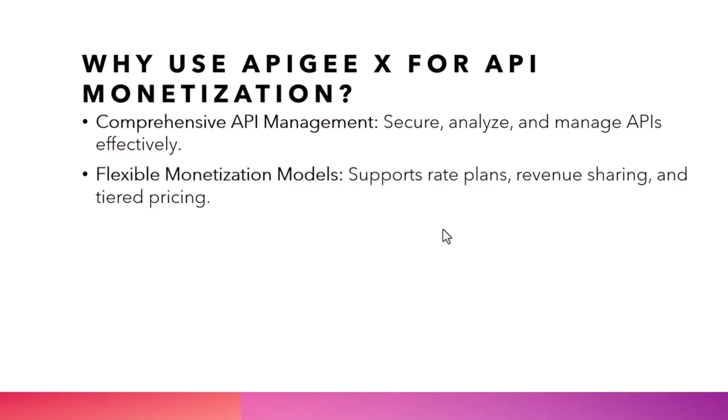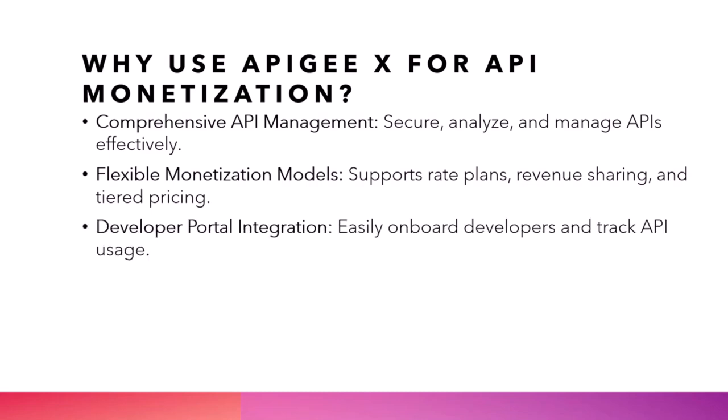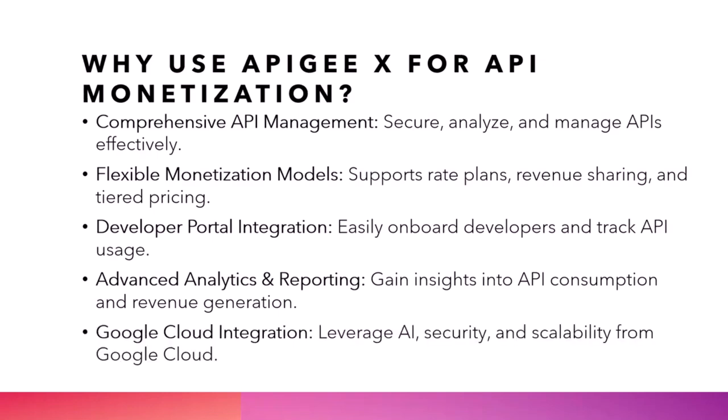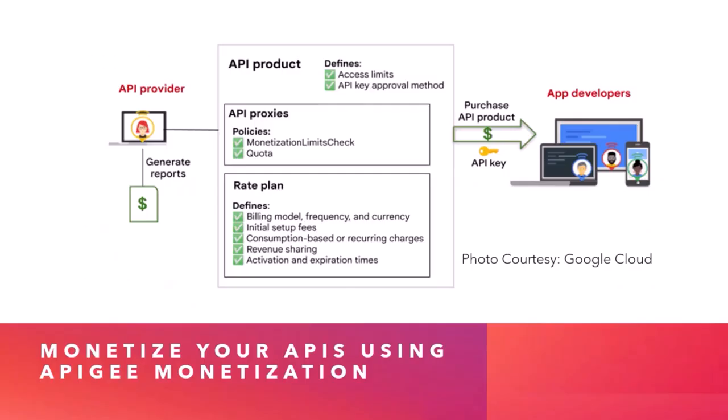And it has flexible monetization models, supports rate plans, revenue sharing, and tiered pricing. And it has developer portal integration. Easily you can onboard developers and track API usage. And it has advanced analytics and reporting. And it has Google Cloud integration, leveraging AI, security, and scalability from Google Cloud.